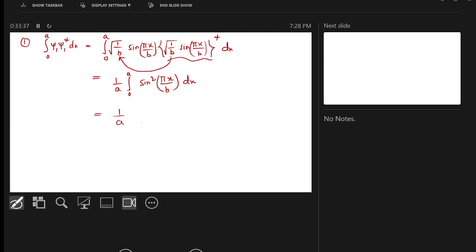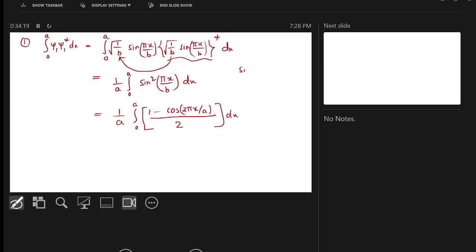For sine square we can write the integral from 0 to a of 1 minus cos 2 pi x by b, divided by 2, dx.